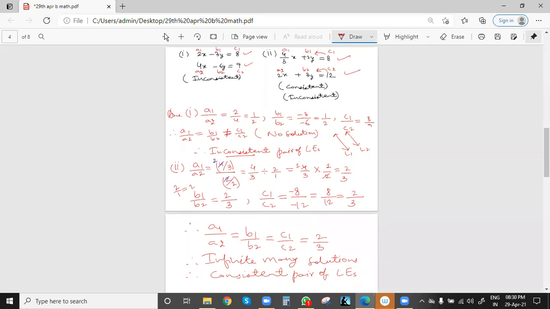So consistent is for a unique solution or infinitely many solutions. So consistent is the right answer, and here inconsistent. Understood?